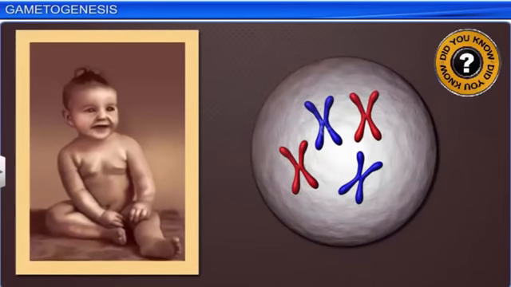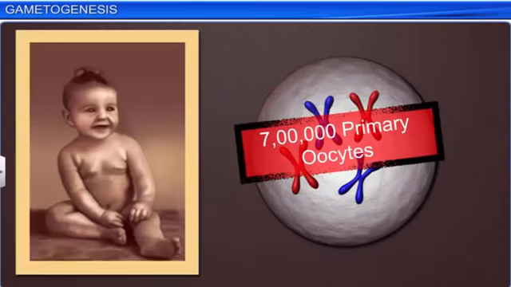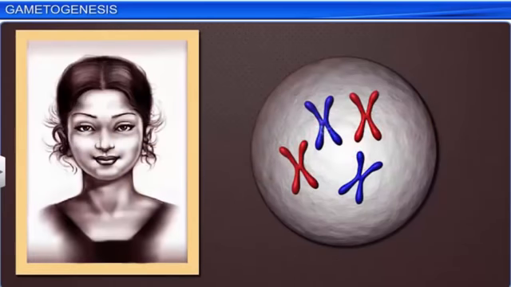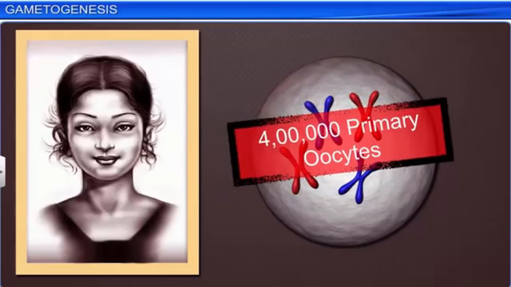Did you know that at birth, a female has approximately 7 lakh oocytes? Incidentally, no oocytes are formed after birth. But by puberty, most of the primary oocytes degenerate, leaving only about 4 lakh in the ovary.